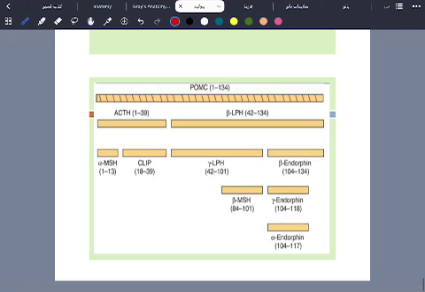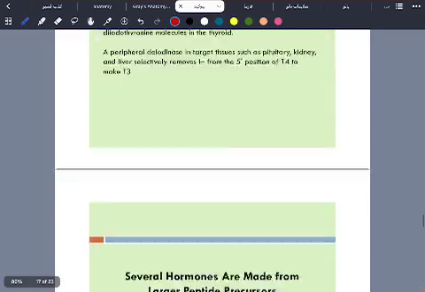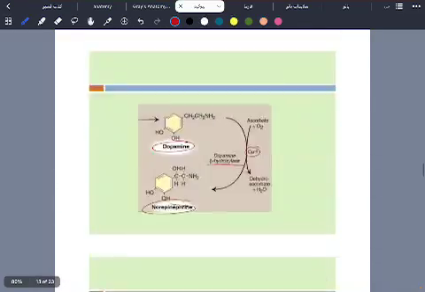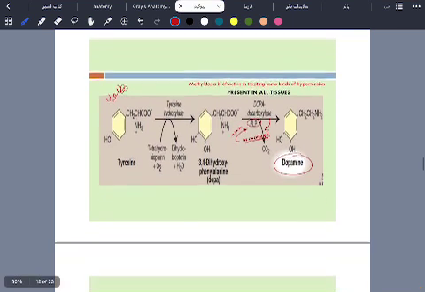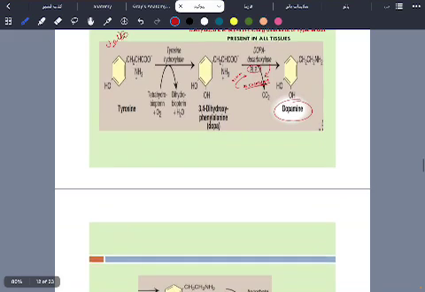So quickly, what we need to focus on in these slides is the metabolism of catecholamines as well as thyroglobulins and thyroid hormones. What remains is just cleavage processes to generate the active peptides that you are already familiar with.